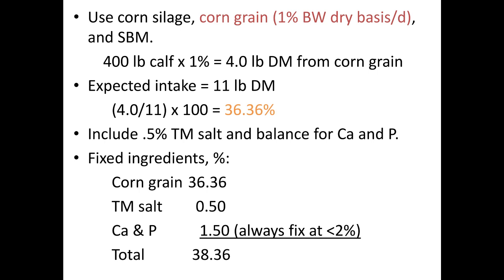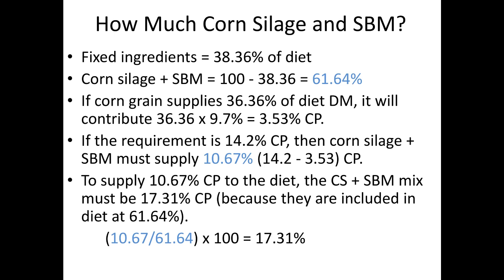The amount of corn silage plus the amount of soybean meal, or SBM, would be 100 minus 38.36%, which equals 61.64%. Basically, after we've accounted for our fixed ingredients, the space that we have left in the diet for corn silage and soybean meal is 61.64% of the diet.